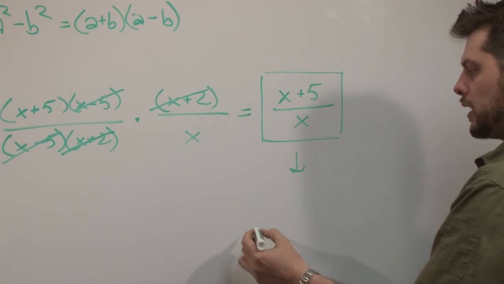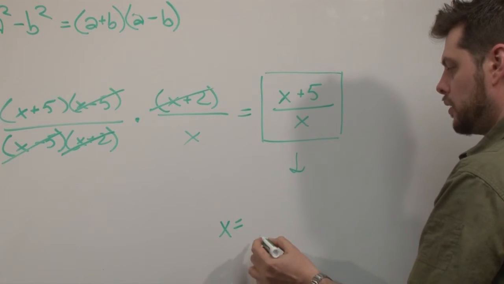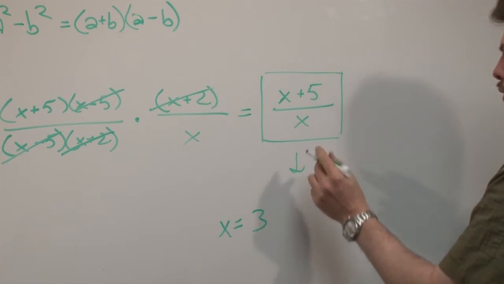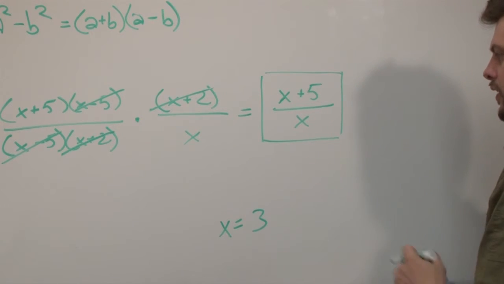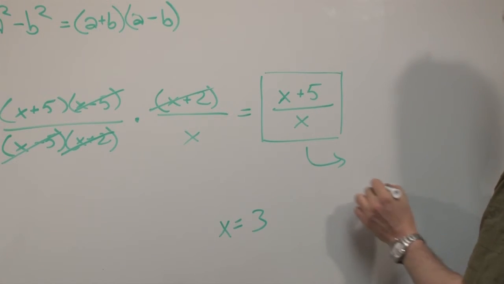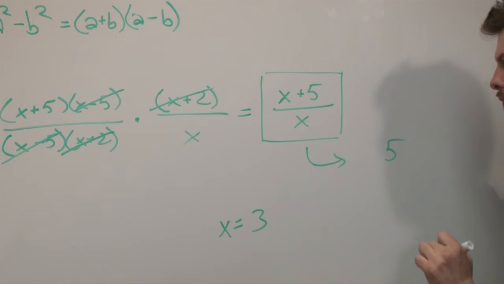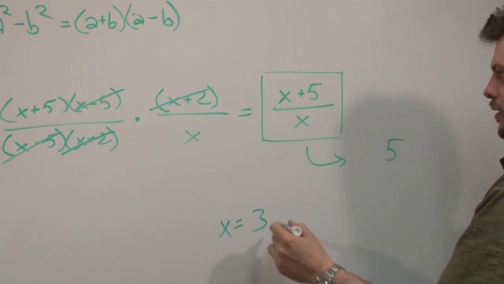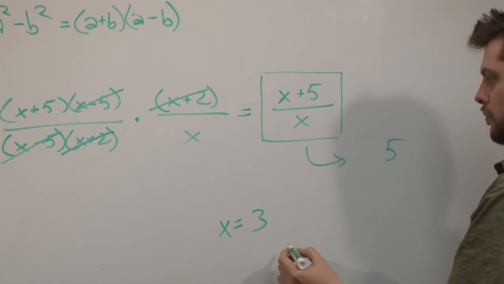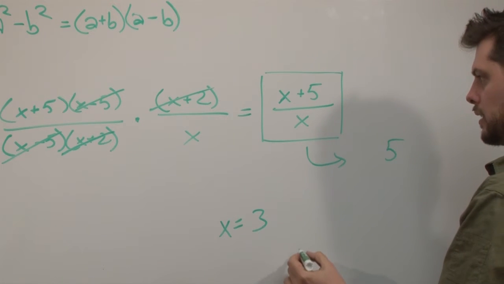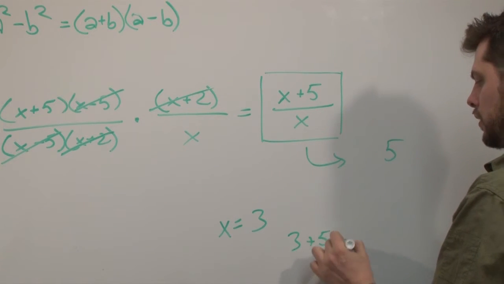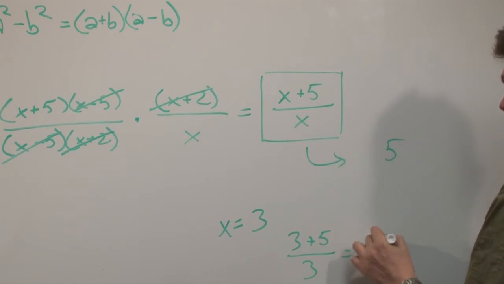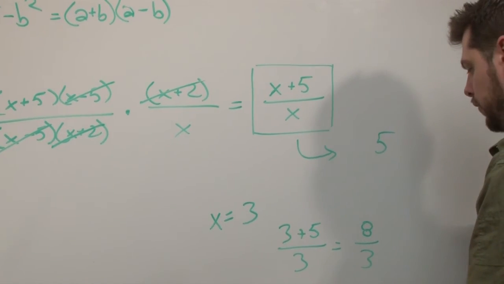I'll give you an example. What if x equaled 3? All right, and what we've theorized is that we can reduce this to just 5, right? So when I plug in 3 to my simplified expression, what I get is 3 plus 5 divided by 3. Well, that's 8 over 3. Does that equal 5?